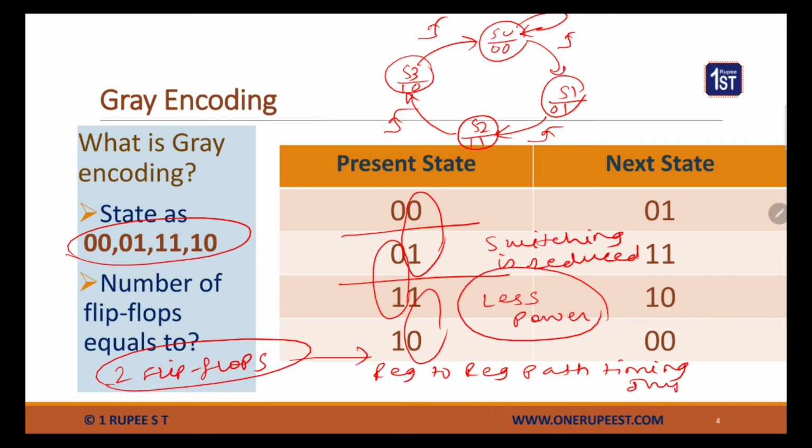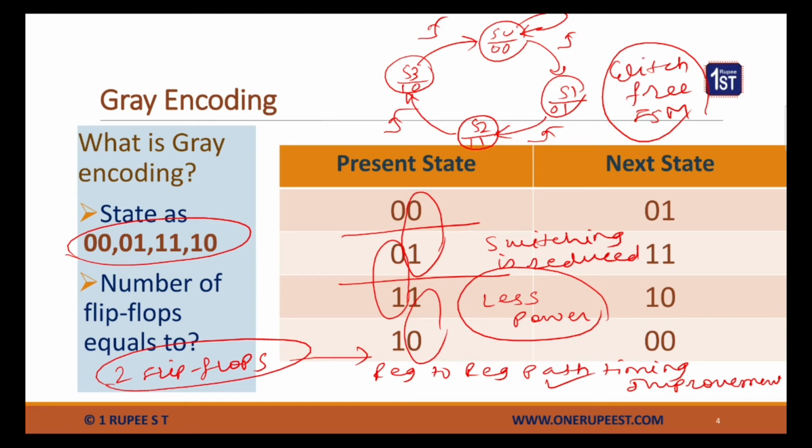Timing improvement. And as timing has been improved, the FSM is glitch free. So I will be able to design a glitch free FSM, because in between two successive states or two adjacent states, only one bit changes.